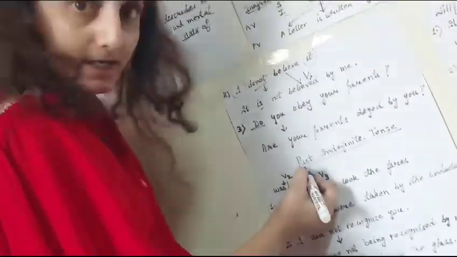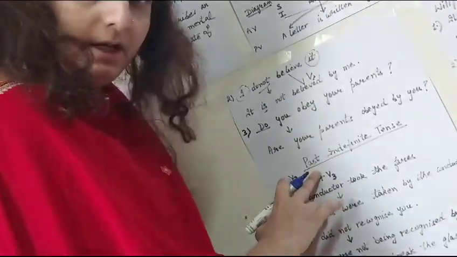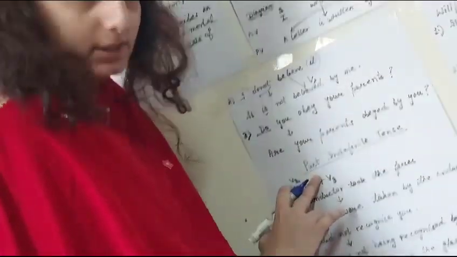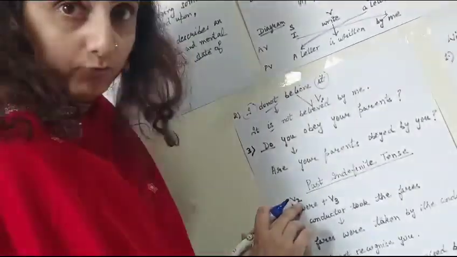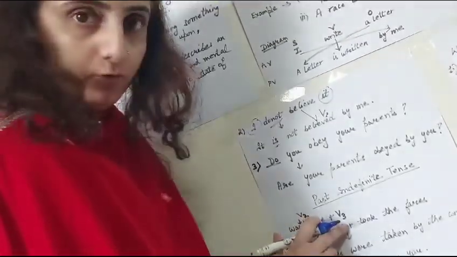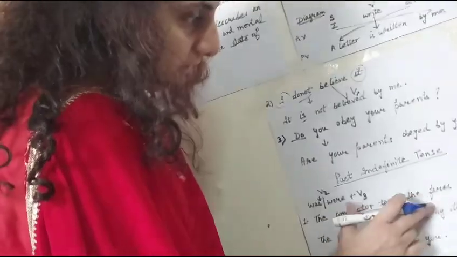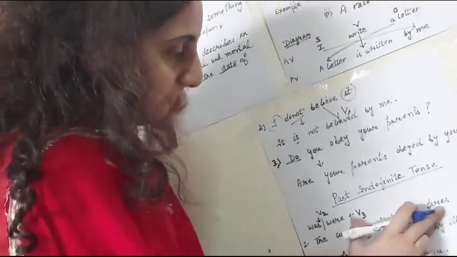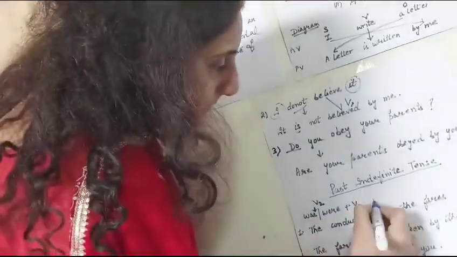Let's move to the past indefinite tense. When the active voice is in the past indefinite tense, we use the second form, and it will be changed into was, were plus the third form of the verb. The conductor took the fares. The fares will become the subject, and took is the second form.